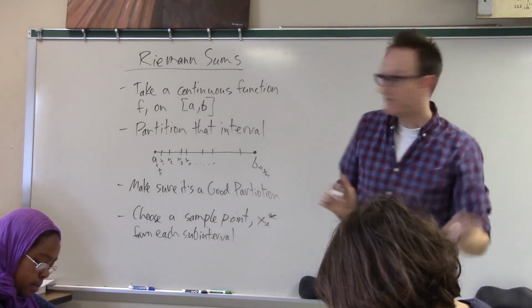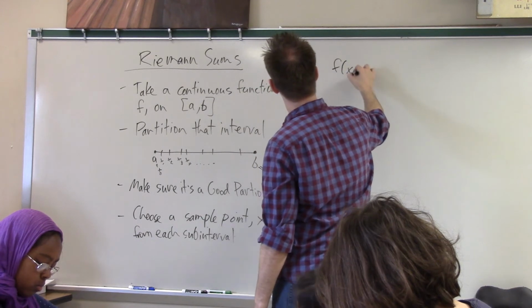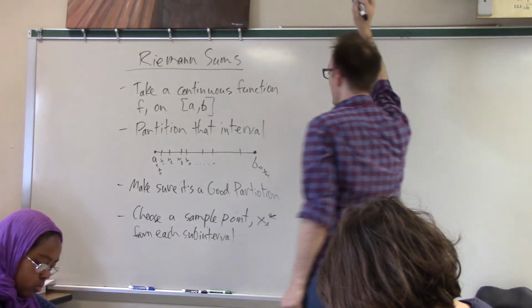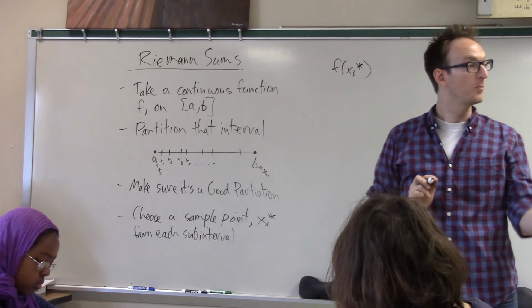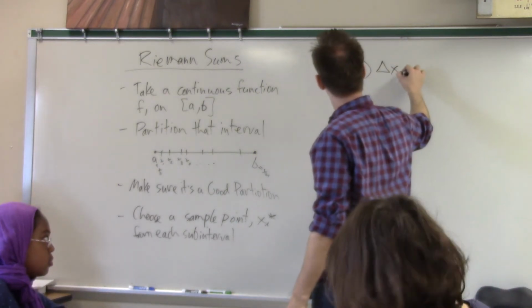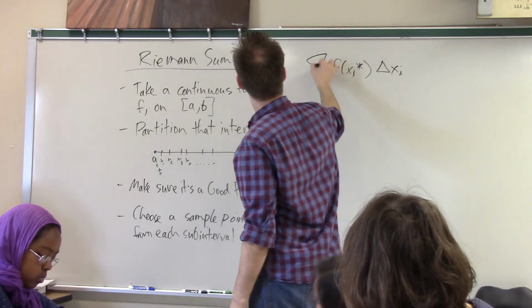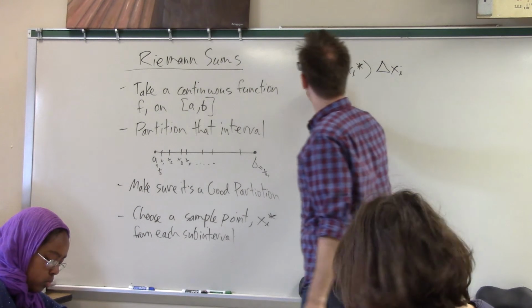So you go to the ith subinterval, you plug that point, x sub I star, into the function, you multiply that value by the width of the ith subinterval, and then you sum them all up from I equals 1 to n.